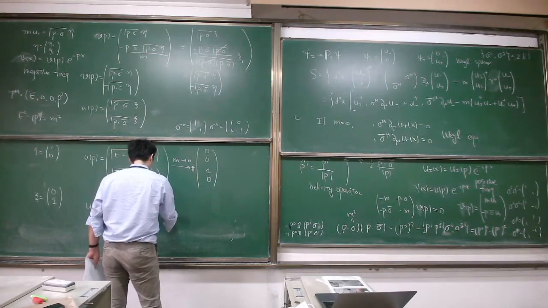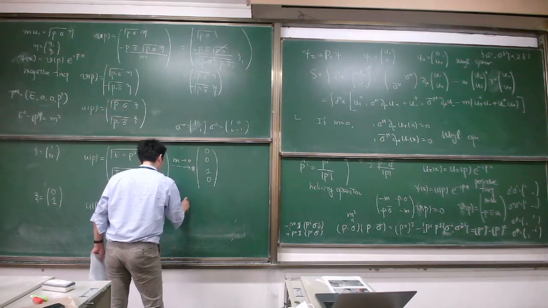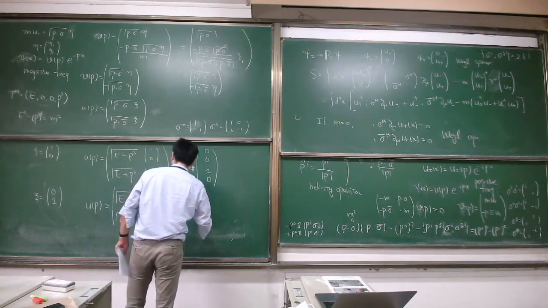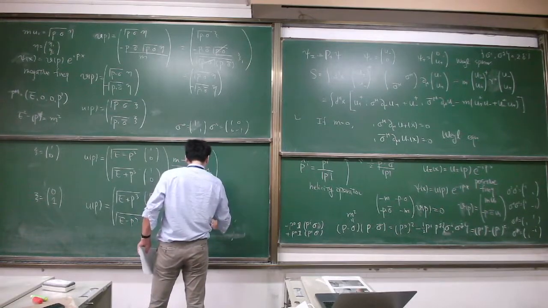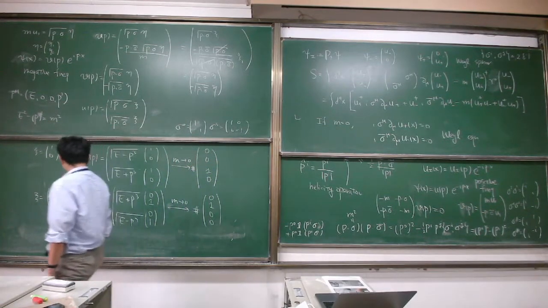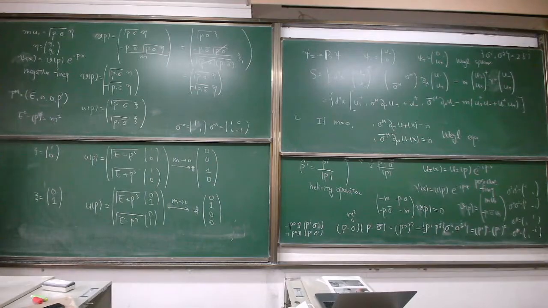And if you take the m goes to 0 limit, some number times, the number is not important now, 0, 0. Okay, so that's what happened. That's what's going to happen.